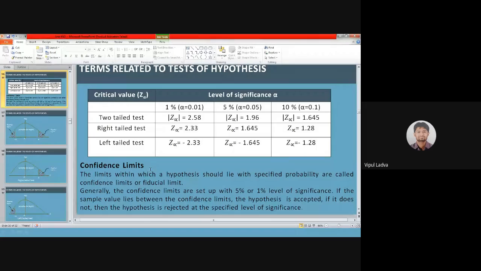In other words, the limits within which a hypothesis should lie, with specified probability, are called confidence limits. Generally, the confidence limits are set up with 5%, 1% level of significance. If the sample value lies between the confidence limits, then the hypothesis will be accepted. If it does not, then the hypothesis will be rejected. जैसे कि मैंने बोला, let me take you to the next slide.